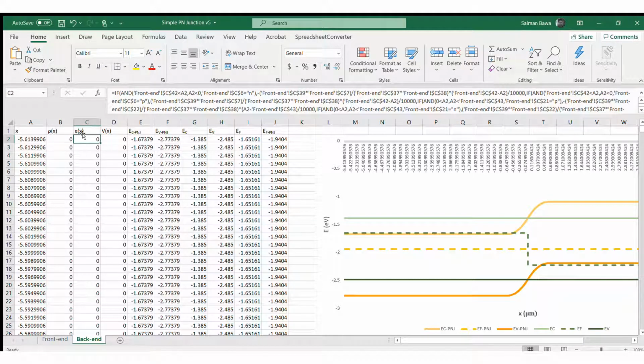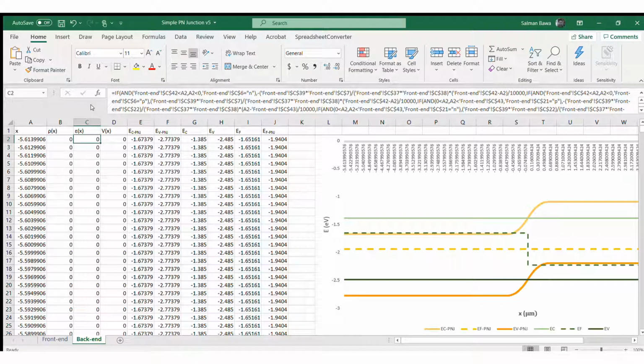For the electric field, we have used similar conditions as for the charge density, except that we have used the formula for electric field. And in addition, at x equals 0, we have said that the graph should continue to follow the left-hand side.